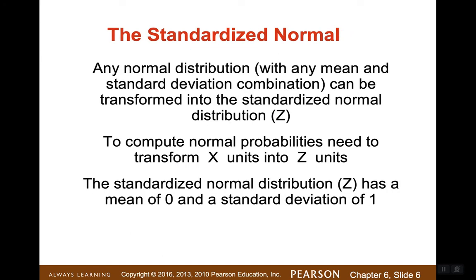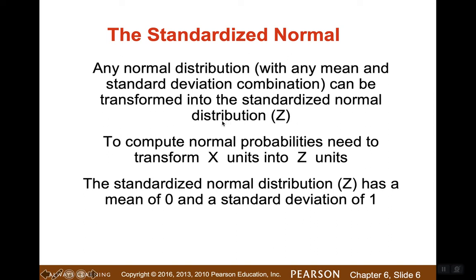Now, one of the tricks we can use within this distribution is to change the notation. We take the standard deviation and mean and make an adjustment into something we call the standardized normal distribution, which uses z values.